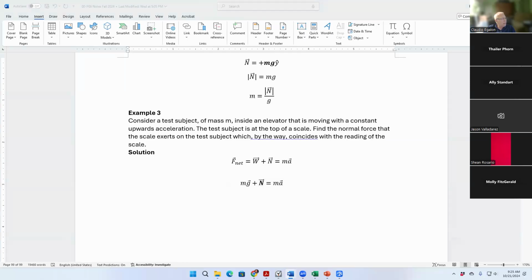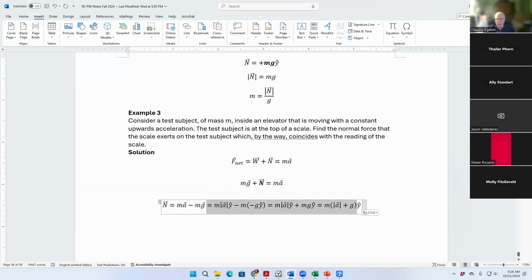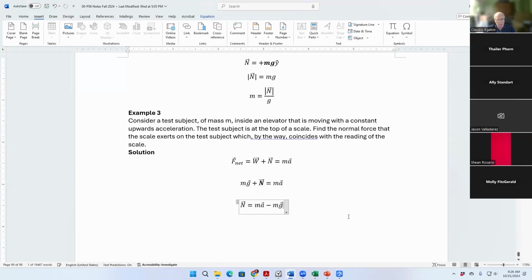We go ahead and pass things over, one by one: ma minus mg. And then in the next step, we just write the vectors in terms of the unit vectors.